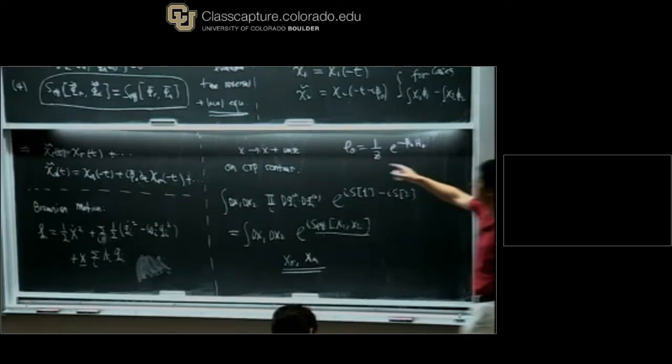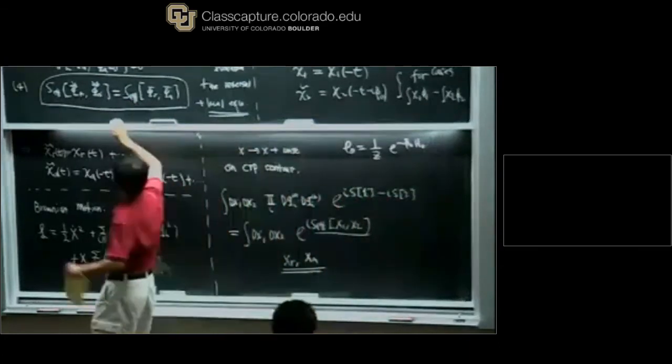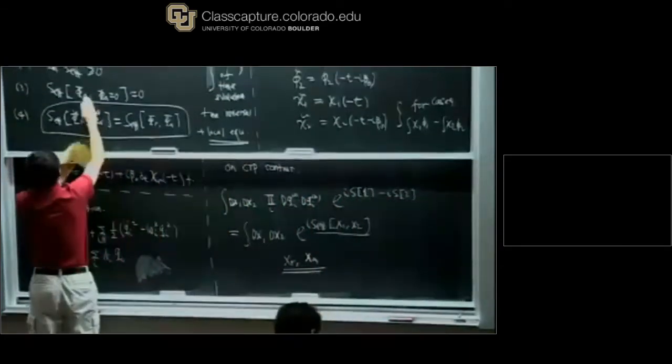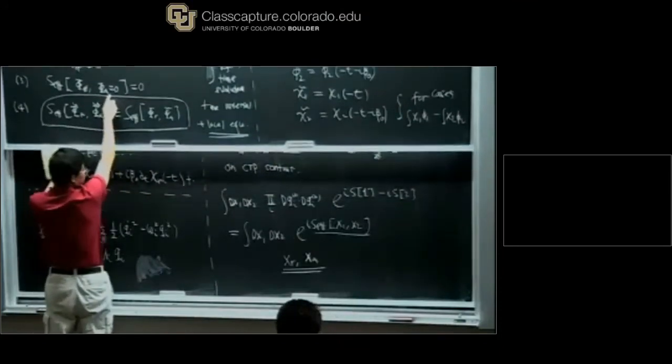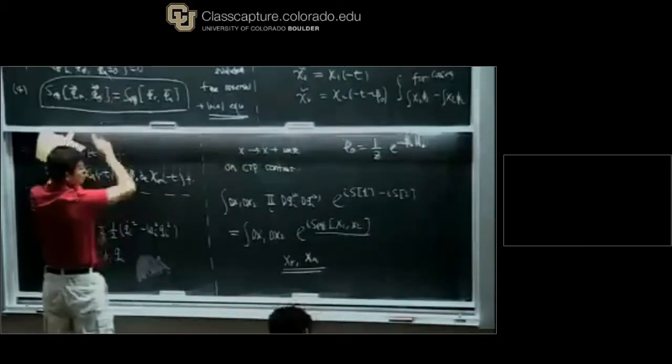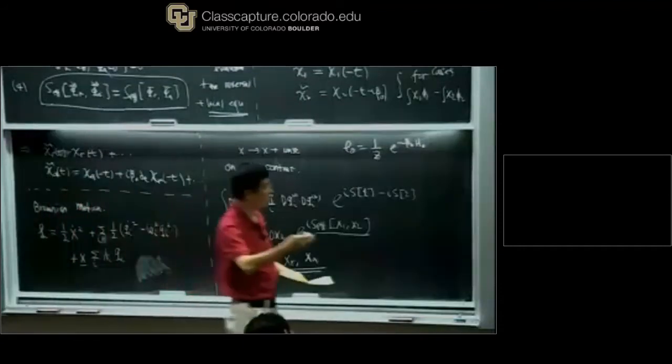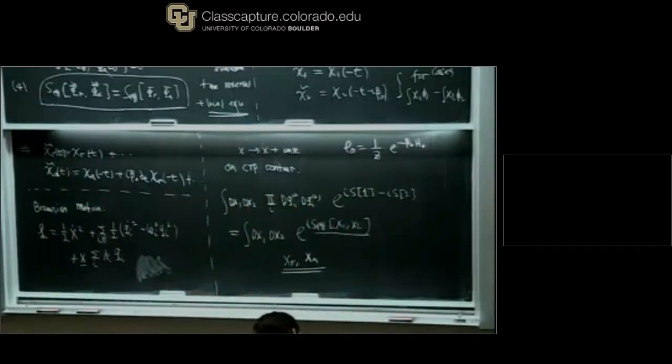Remember from this condition, sorry, here should be phi r, there can be no term with only phi r. So any term must contain at least one factor of XA. The simplest terms you can write down are XR XA and XA squared. Without derivatives, that's the simplest you can write.